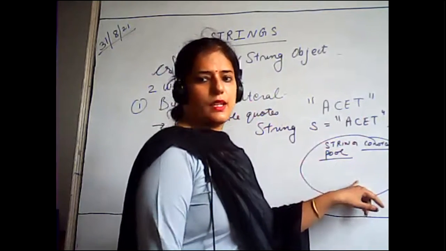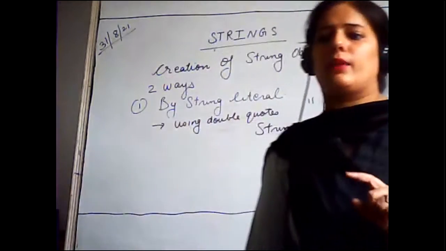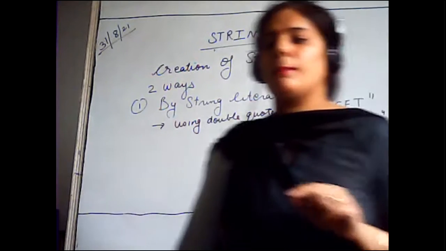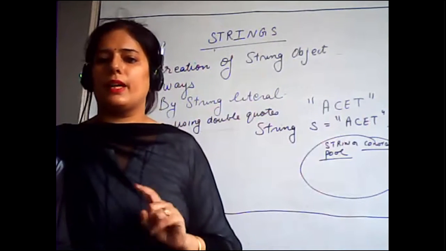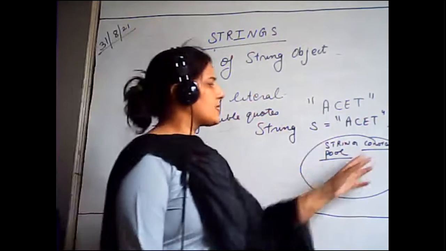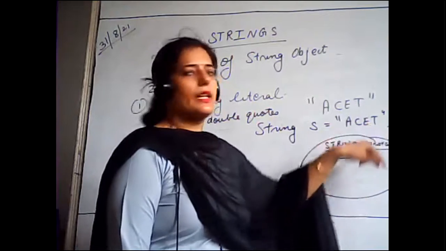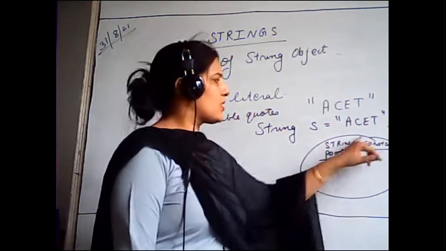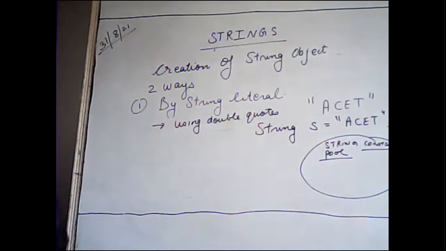Why are we using this string constant pool? Just to check whether the string literal that we are creating is present in the string constant pool or not. And who will check it? That is the JVM. If it does not find that string in the pool, it will create it.